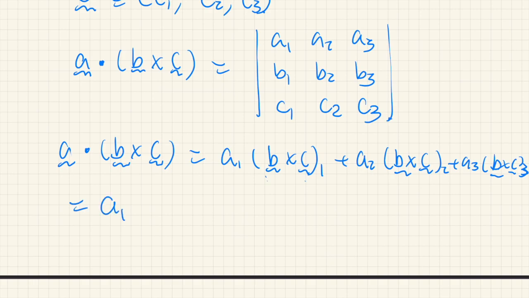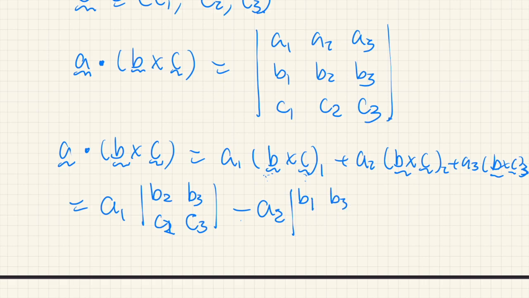And as we have learned, the first component of B cross C is the determinant B2, B3, C2, C3. And the second component is again a determinant, let's put a negative sign here, and that should be B1, B3, and C1 and C3.